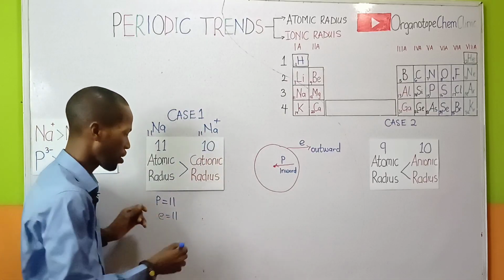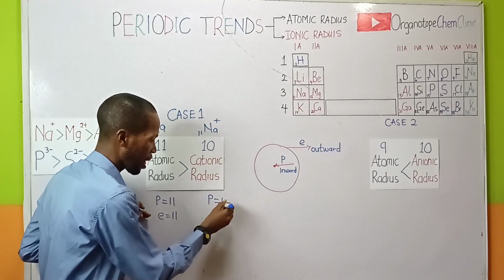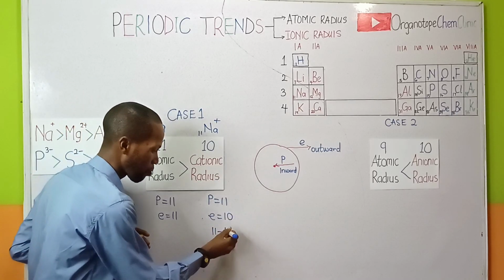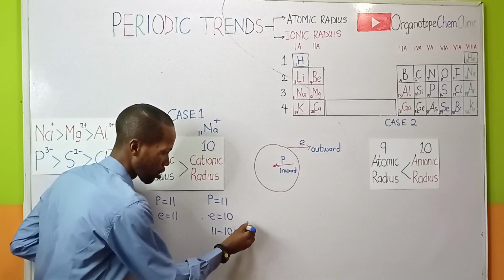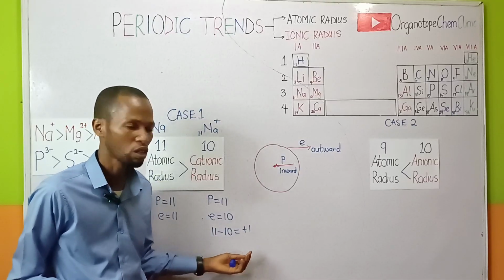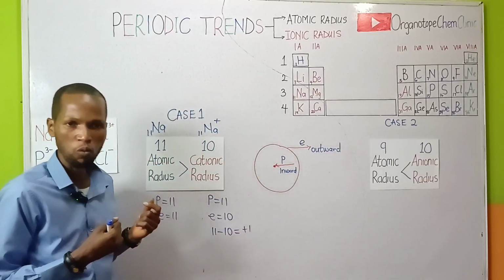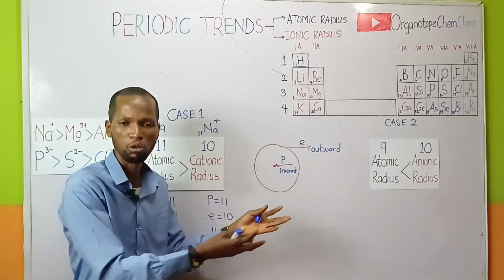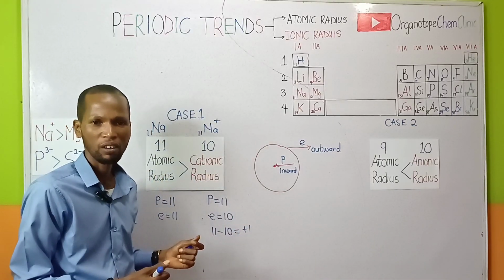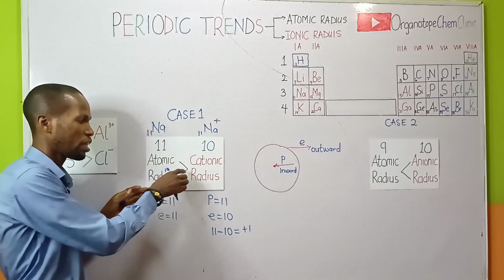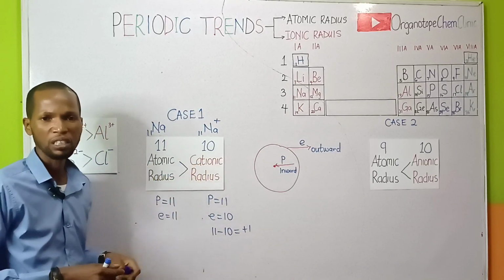For the sodium ion, the proton is 11 and the electron is 10. So we have 11 minus 10. This will give us +1. Since the effective nuclear charge is +1, we have a pull inward. And a pull inward causes the ionic radius to be smaller. Okay? So atomic radius is greater than cationic radius.